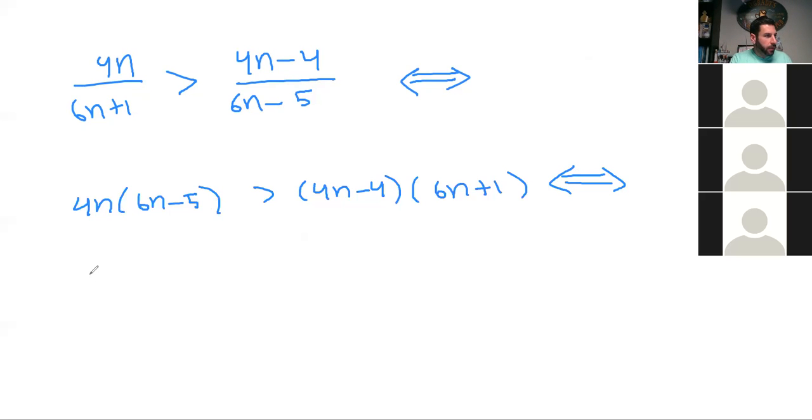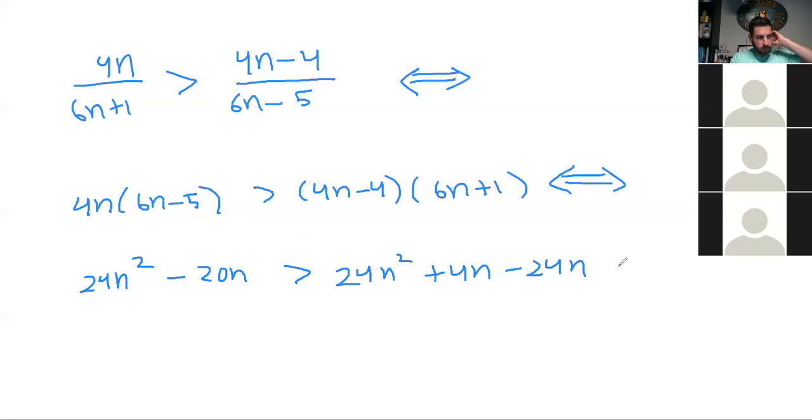If we multiply everything out, we have 24n squared minus 20n, and on the right-hand side, 24n squared plus 4n minus 24n minus 4. If we get rid of some things that are immaterial, I'll get out my red marker and say, this guy and this guy can go away.